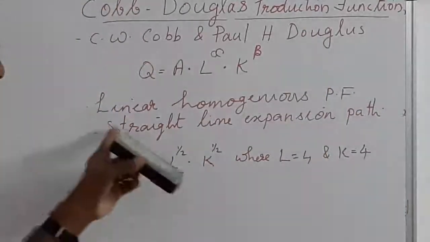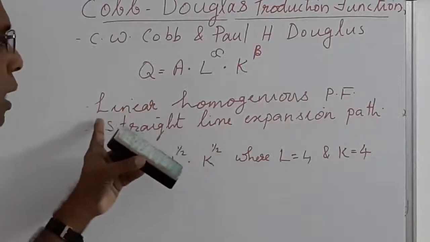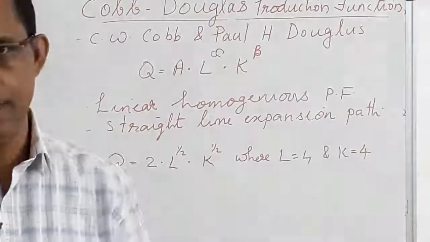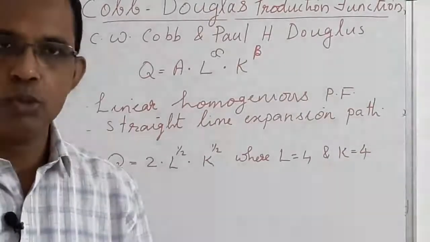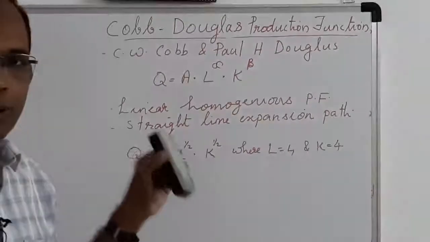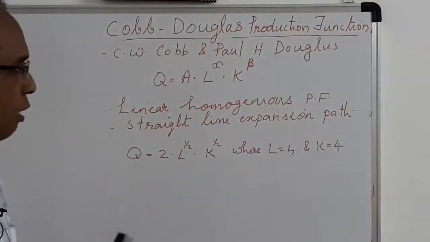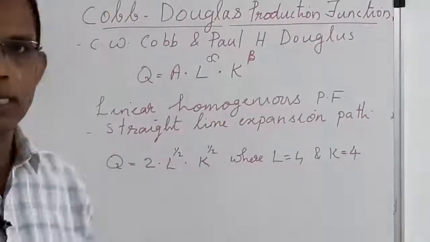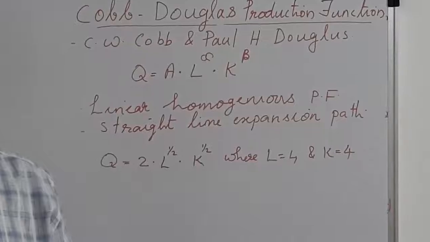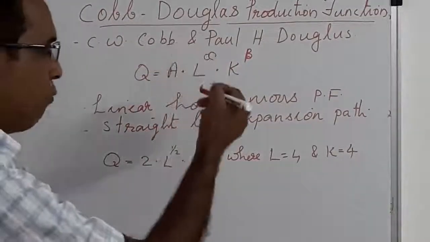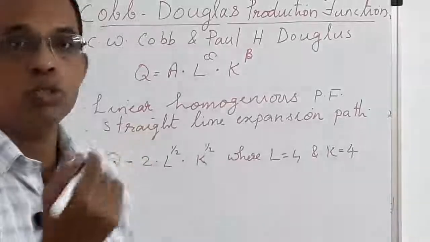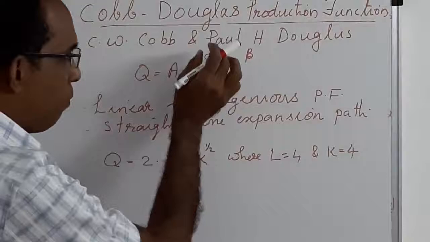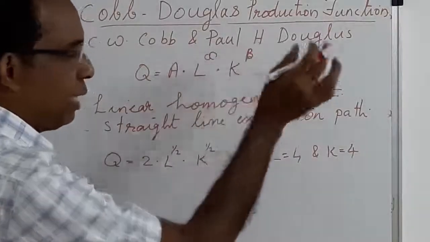That is linear. This is because of the linear homogeneous peculiarity of this production function. And it is not necessary to study all the properties for +2 students. So here we study only this production function and how we calculate the output using this production function, and how this production function is related to returns to scale, right? And the sum of alpha and beta shows the returns to scale.